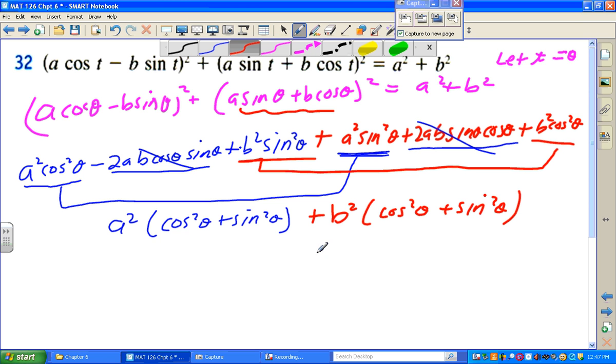That's a Pythagorean identity for one. So you have A squared plus B squared equals A squared plus B squared. Again, not too difficult.